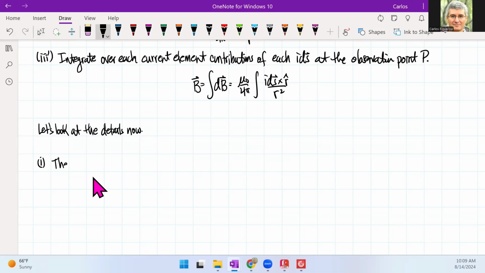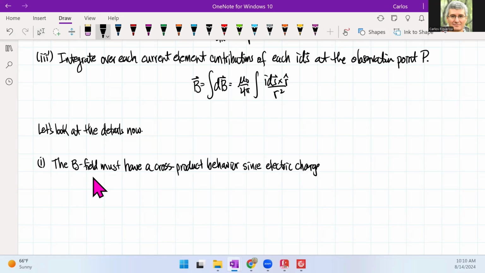One, the magnetic field must have a cross product behavior since electric charges circle magnetic field lines and the cross product of the magnetic force.